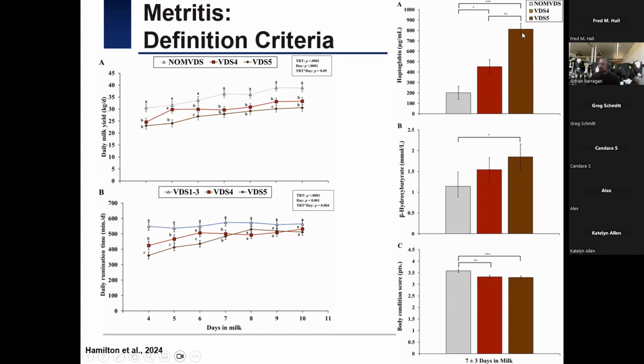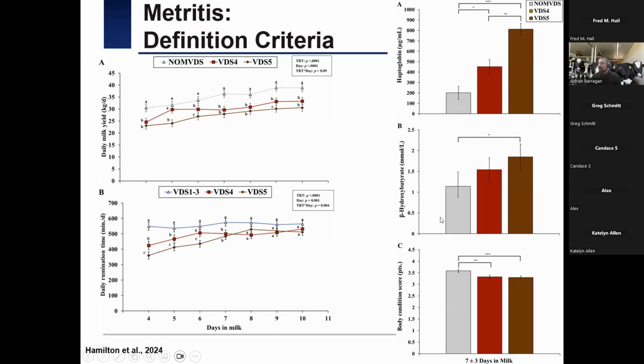So you can see that score 5 definitely has higher inflammation than score 4, but score 4 has higher inflammation than normal cows. Okay, so if you ask me, these score 4 cows are normal, and say no, those cows are diseased. Those animals are sick, and their performance and their physiology is showing us that.